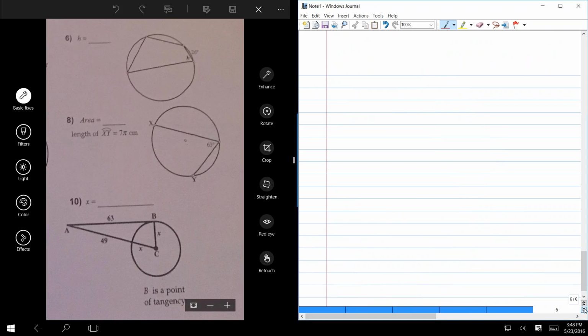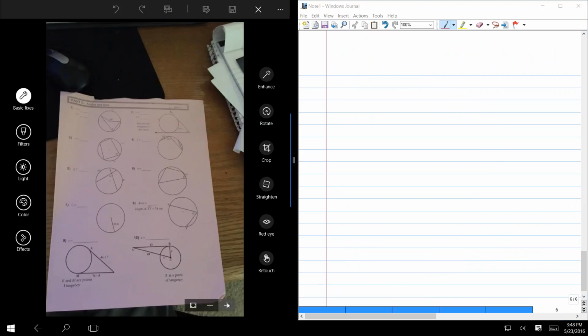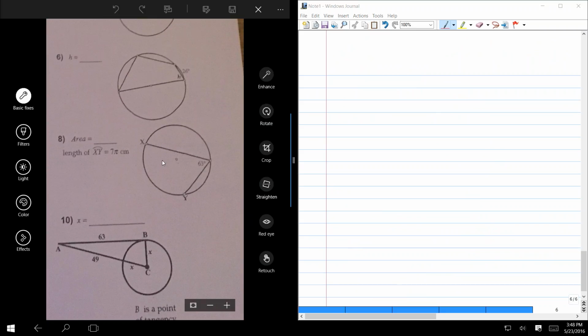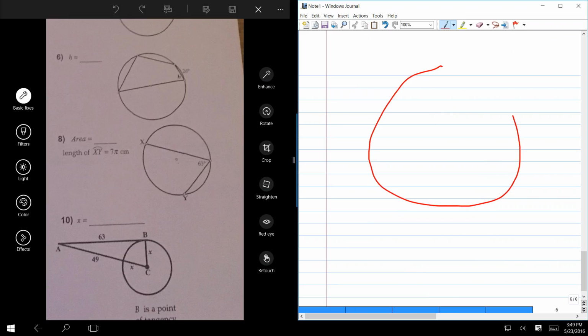Six is a good problem, a really good problem. Hold on just a second, to look at it. What's the measurement from here to here? 180.